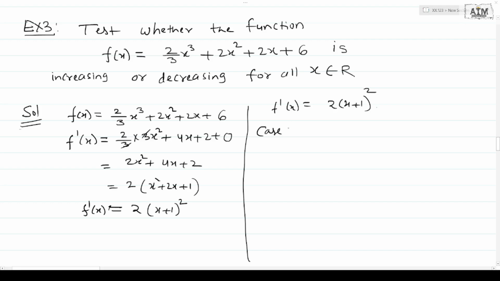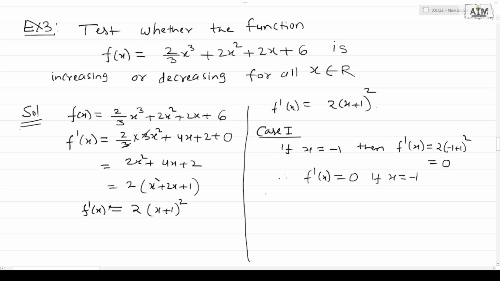Case 1, if x equals minus 1, then f dash x equals 2 into minus 1 plus 1 whole square equals 0. Therefore, f dash x equals 0 if x equals minus 1.